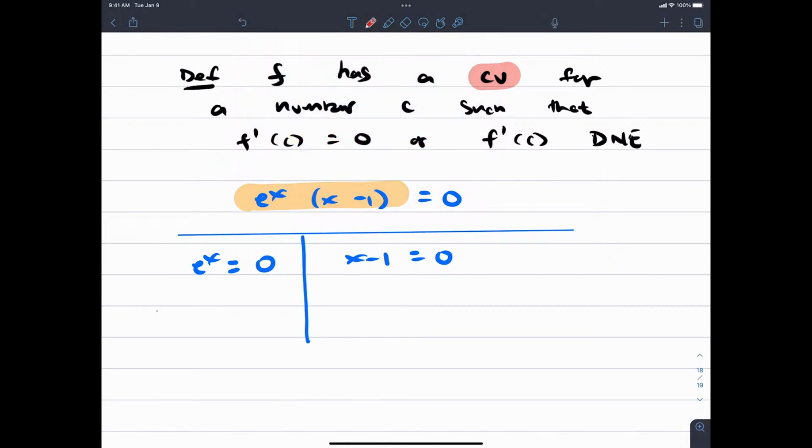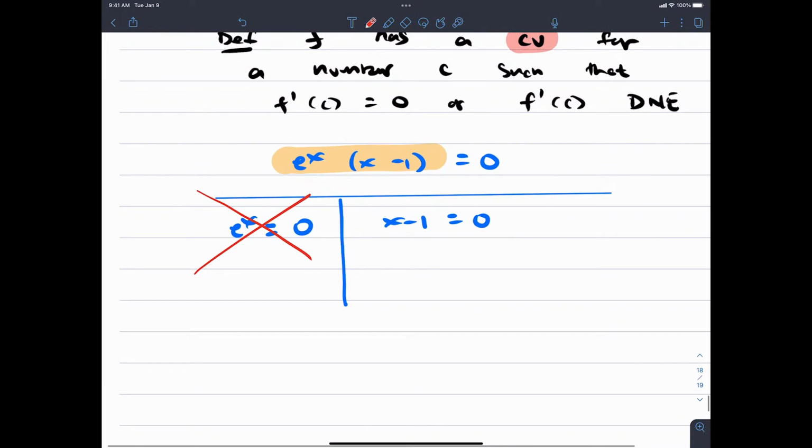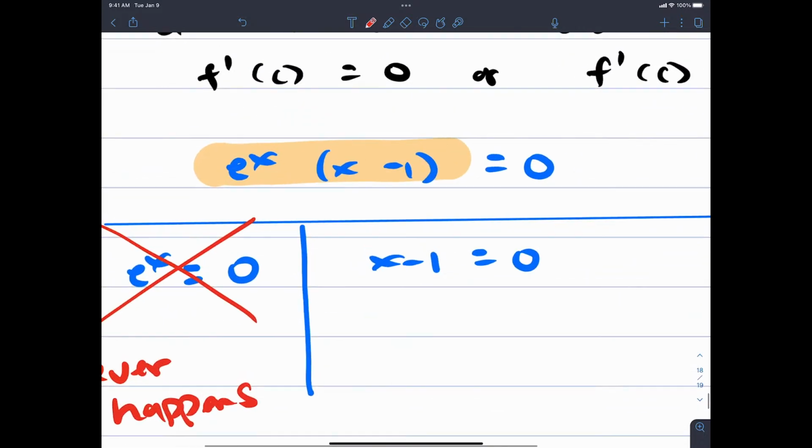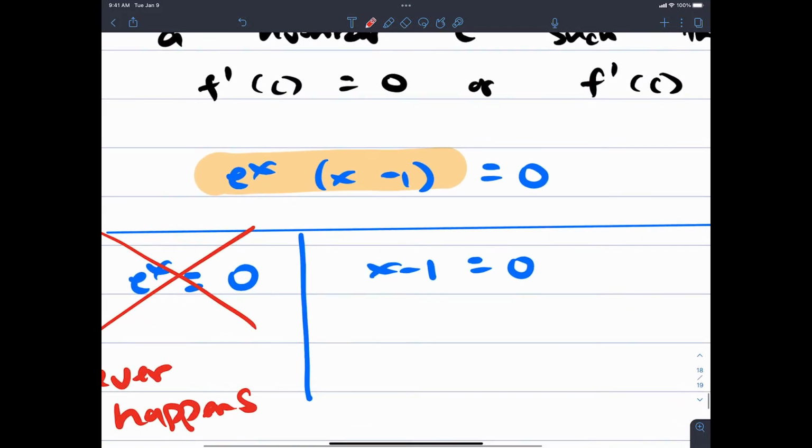Now, what do you guys know about e to the x equal to 0? I'm going to cross this out. What's the reason? Well, this never happens. Yes, you're right. E to the x is never 0. That function is never 0, so you throw that part out. So even though you have a product here and it equals 0, you know what that really means?